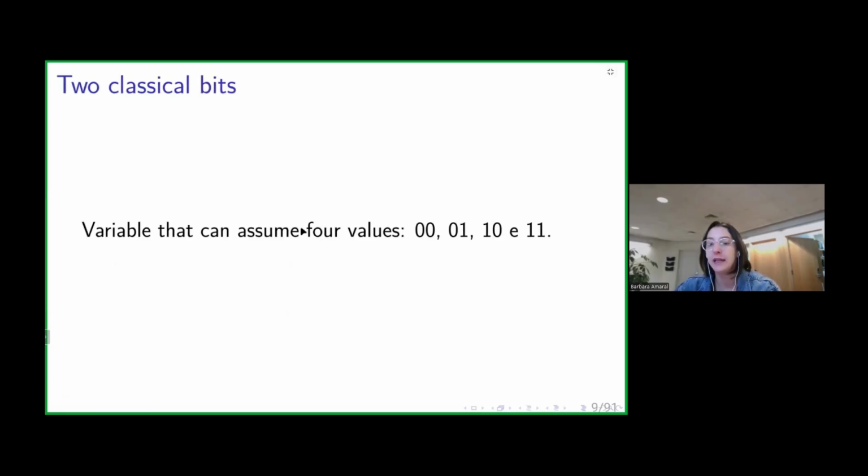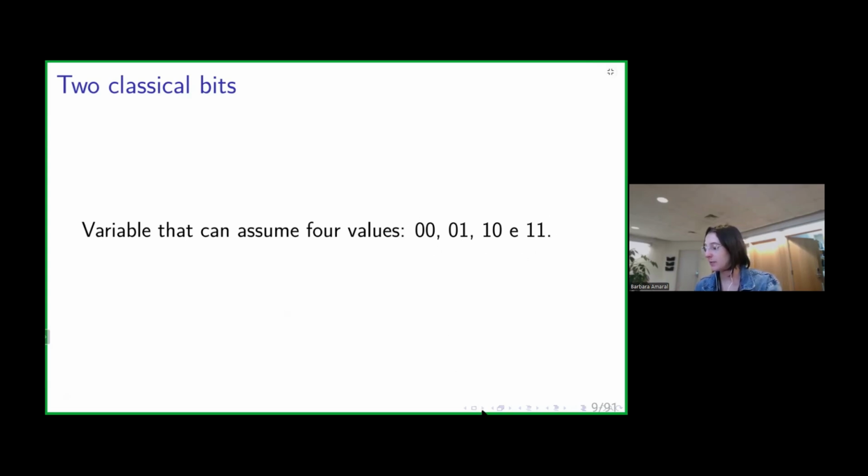Now, if we think about something similar, but for two bits, two classical bits will have four possible values. We can vary the first and the second bit independently, so we'll have four possible states.